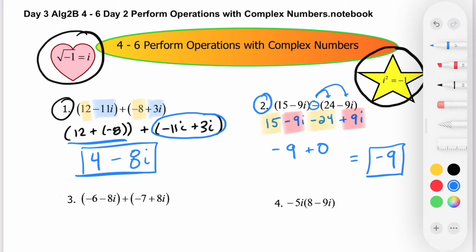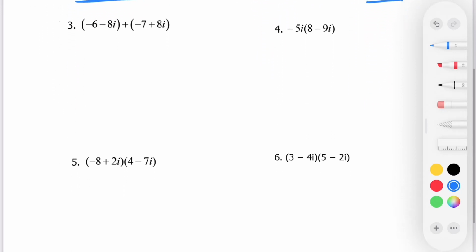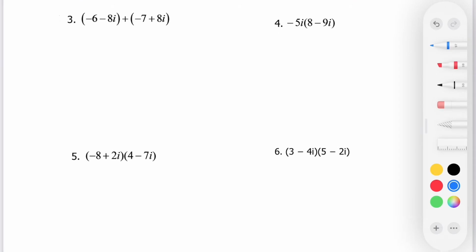Okay, I'm just going to scroll up. And now what we're going to do is take a look at another example, example number 3. And again, the exact same approach as on the previous examples. This one's plus. So I'm really just going to, again, add the parts together.